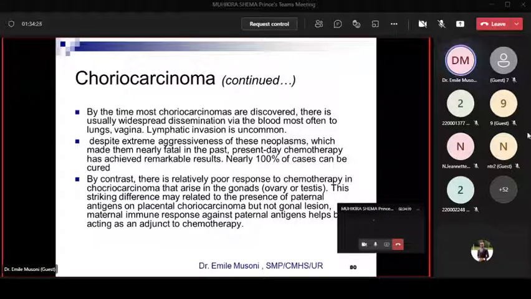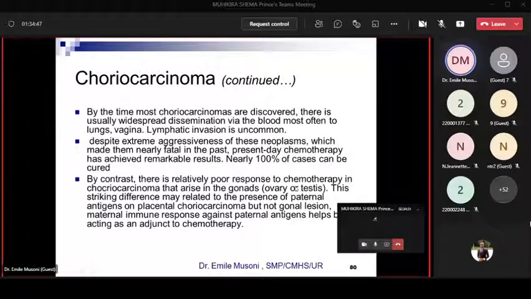Choriocarcinoma can also metastasize, but they say lymphatic invasion is uncommon. But what you must keep in mind is that this is a malignant tumor. And there is a poor response to chemotherapy in choriocarcinoma that lies in the gonad. This one you have to underline.